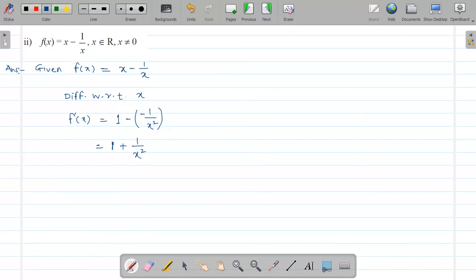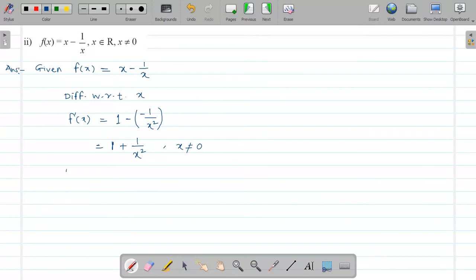Now if you observe this carefully, for all x belongs to R, here 1 is a positive number, plus here it is 1 upon x square, and for every value of x, x square is positive. X is not equal to 0 is given to you. So 1 upon x square is positive.